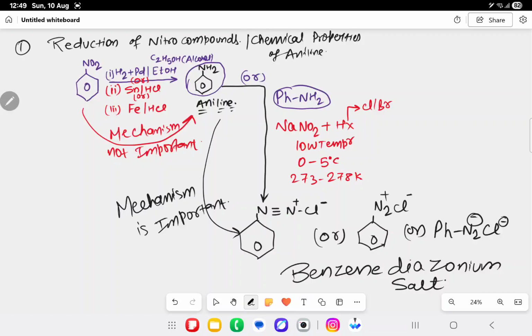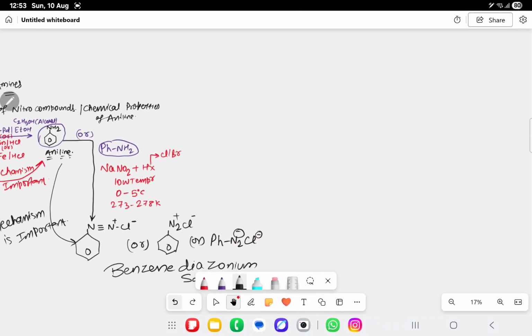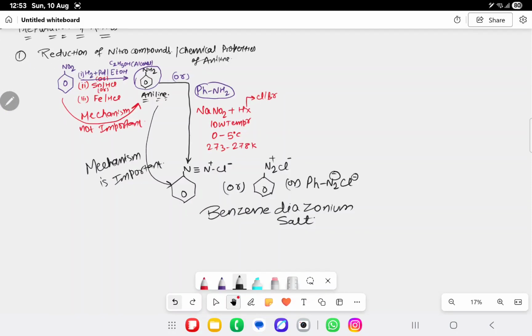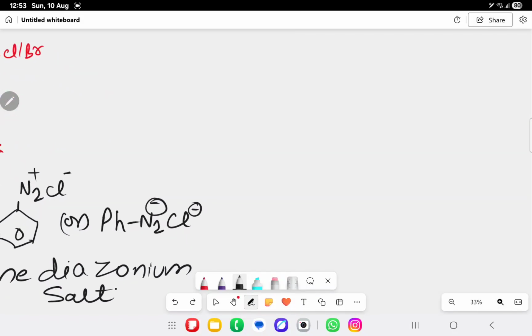Okay, so now I am going to change to another PDF, and from there I will start. If we see the mechanism over here, first of all we will write this reaction mechanism. Now we are going to see the mechanism of this reaction.